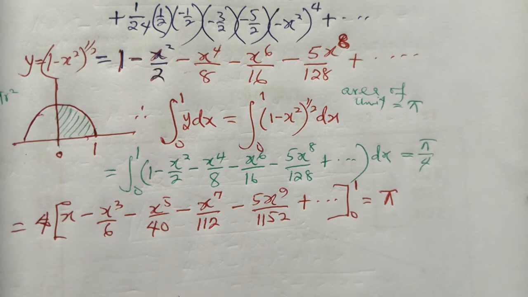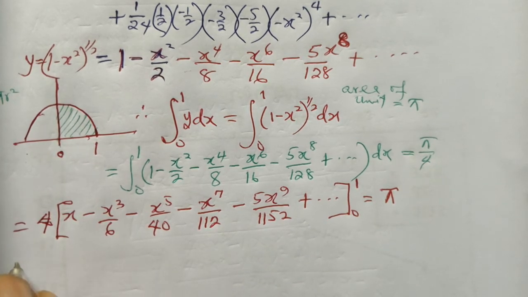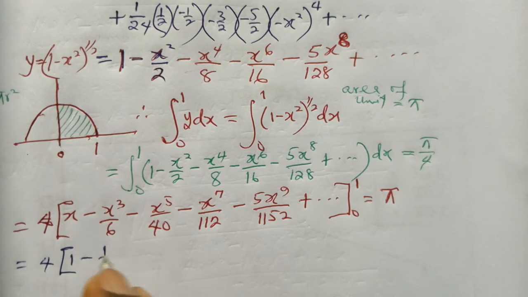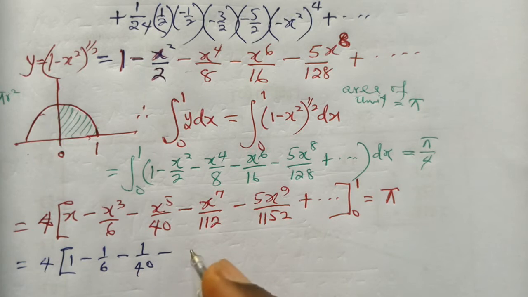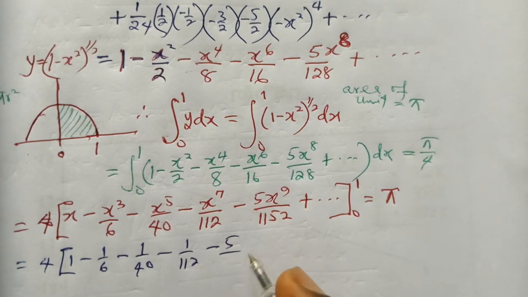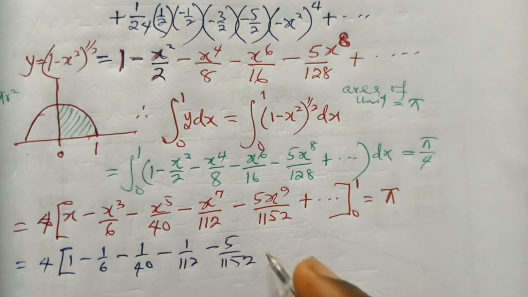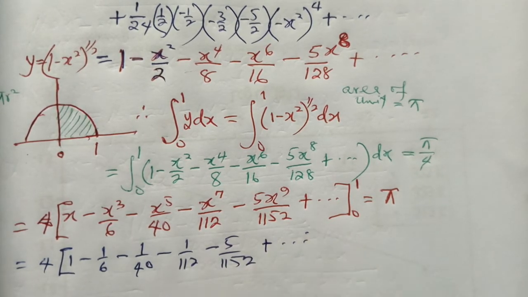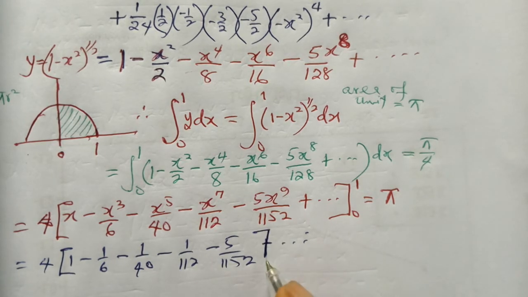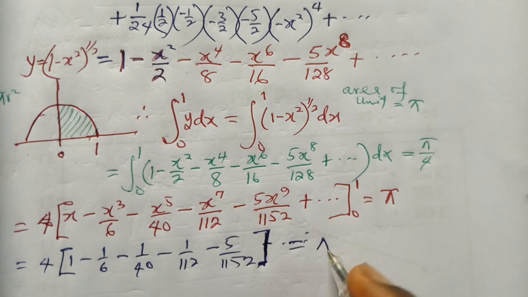If we plug in 1, we'll have 4 times (1 minus 1 over 6 minus 1 over 40 minus 1 over 112 minus 5 over 1152 plus and so forth and so on). But let's stop at the 5th term. If we stop at the 5th term, that's what we have as pi.